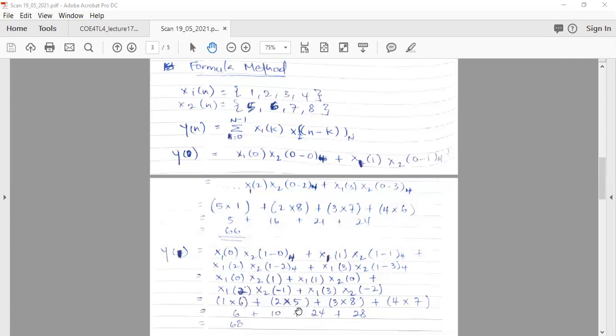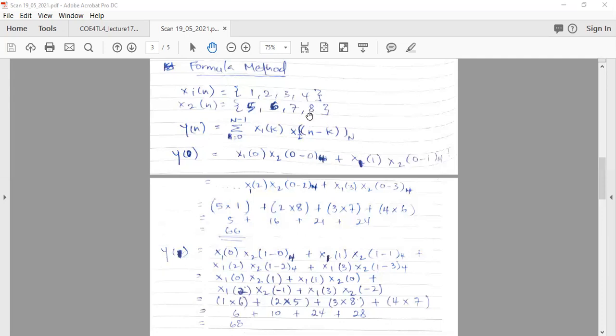So 2 times 5. Then the third term is x2 of 2 times x2 of -1. So basically this x2 of -1 is equivalent to x2 of 3, right? So x1 of 2 is, from this particular point, 3, right? So 3 times x2 of -1, which is also equivalent to x2 of 3.